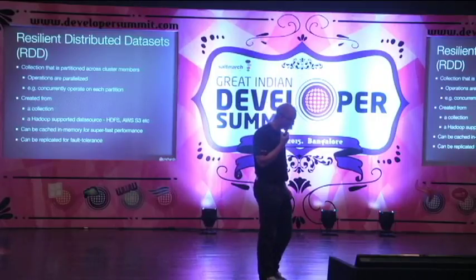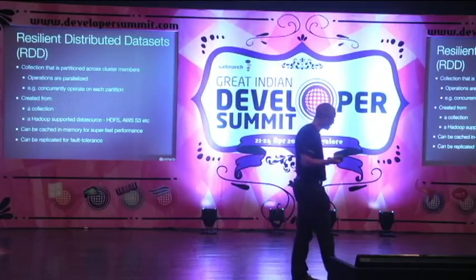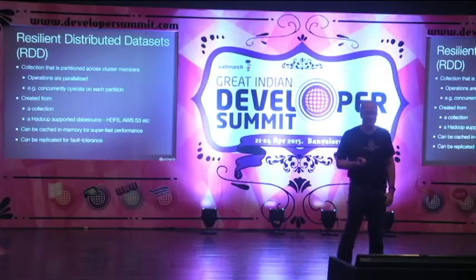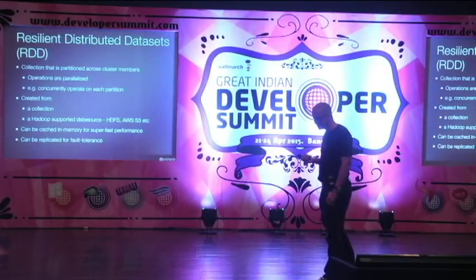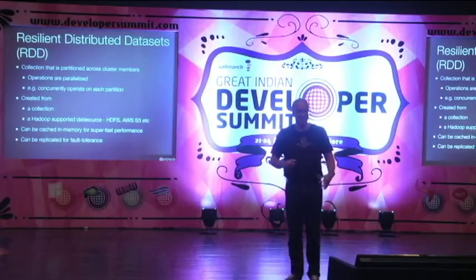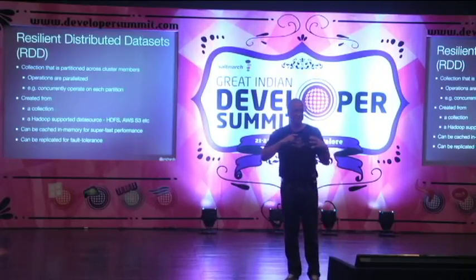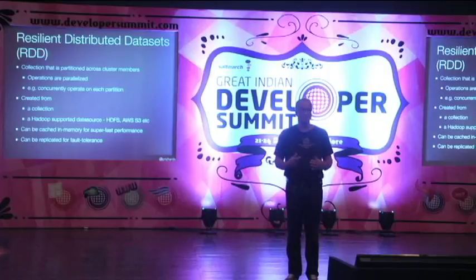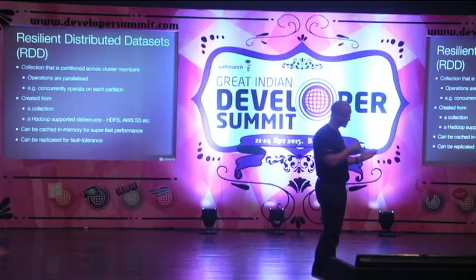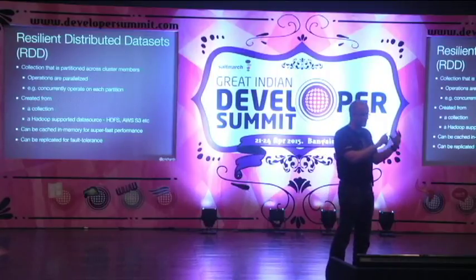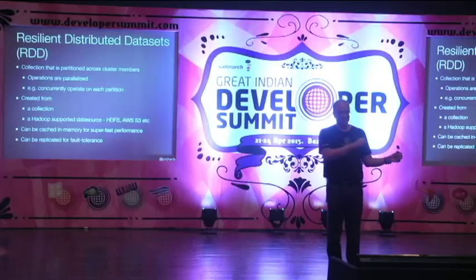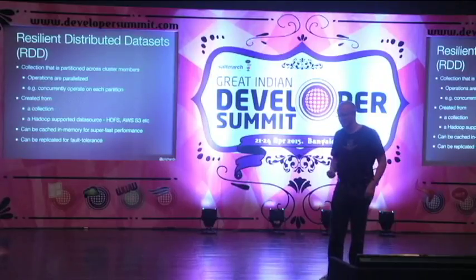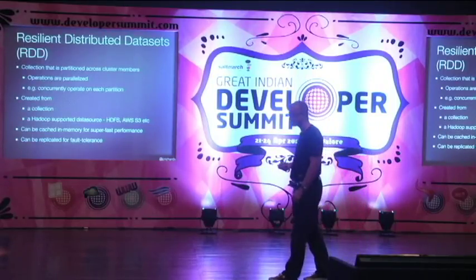And the core abstraction in Spark is what's known as a resilient distributed data set, or an RDD. And what an RDD is, basically, from a programming perspective, is a collection of values. And if you actually look at the API in Scala for RDDs, it looks just like the regular Scala collection API.